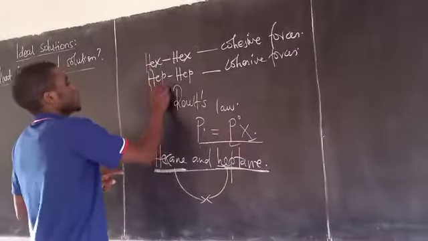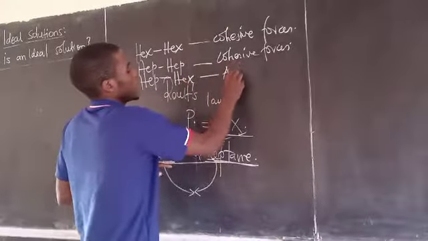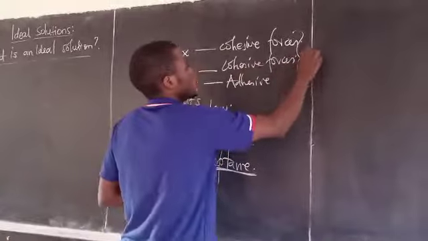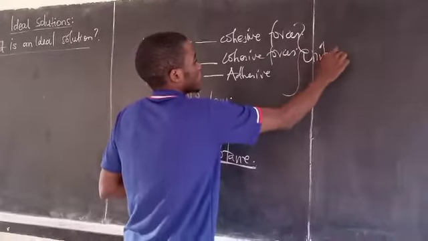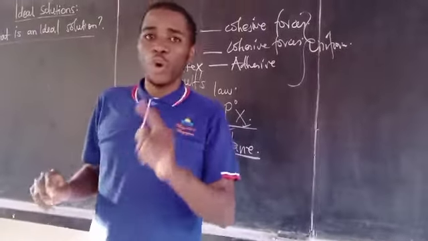And then the hexane-heptane interactions, these are now the adhesive ones. All of them should be uniform. They should be uniform for us to have Raoult's law obeyed.